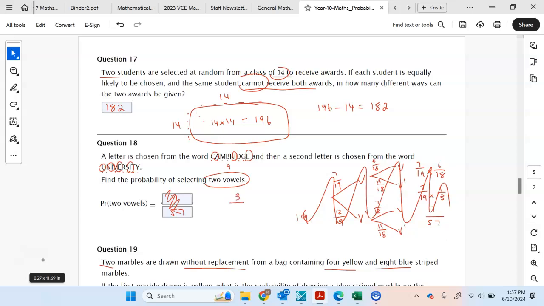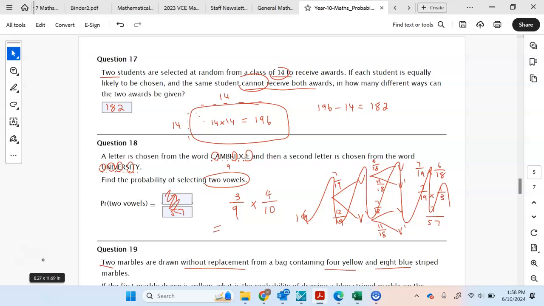So we've got 3 out of 9 because we want the probability of selecting 2 vowels. So a vowel from Cambridge, 3 over 9, and then a vowel from university, we multiply by 4 over 10, because it's 10 letters and there are 4 vowels.